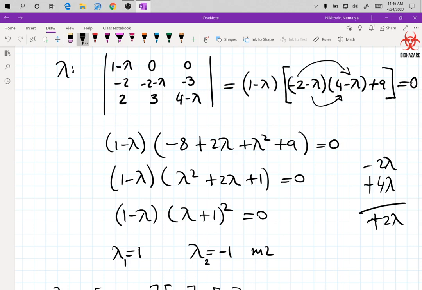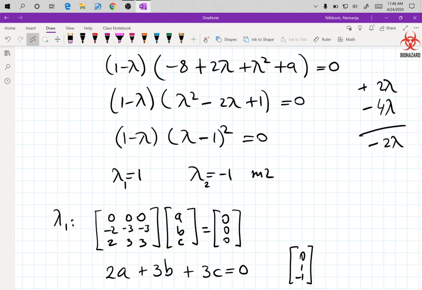Wait, did I have my... No, I have my signs wrong. Negative 2 times negative lambda is positive 2 lambda. And that's negative 4. So that's a negative there. And if that's a negative, then this is a negative. Ooh, that works even better.